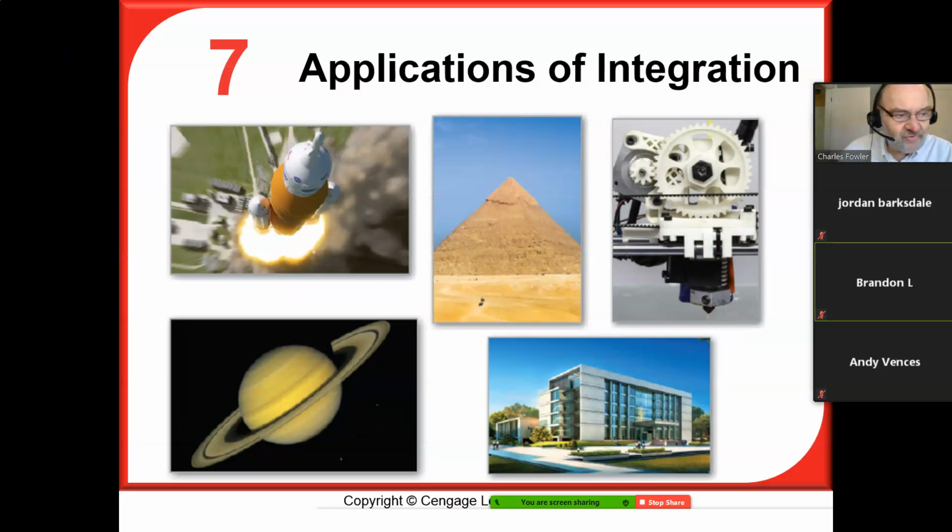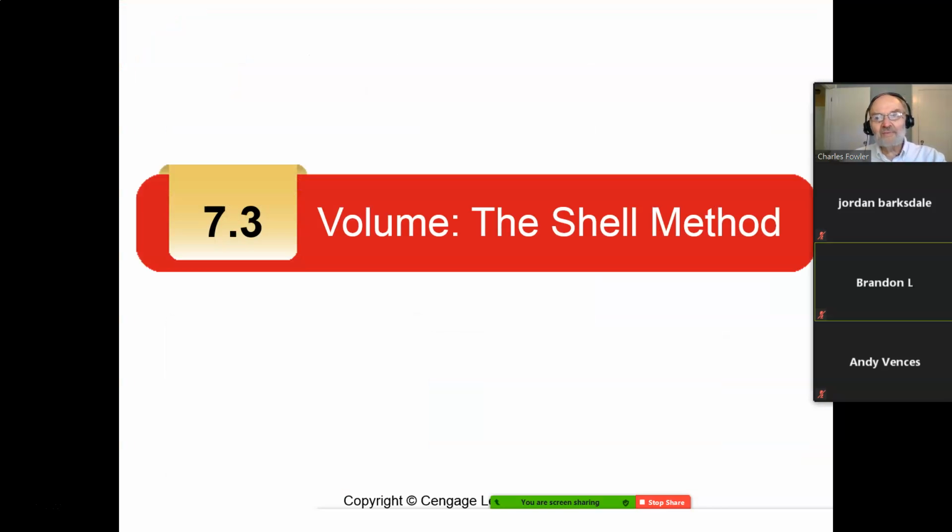We're still in Chapter 7, Applications of Integration. 7.1, area between two curves. 7.2, volume of shapes that are rotational, curves rotated around an axis, by the disk method. 7.3 is going to be talking about calculating a volume by the shell method.